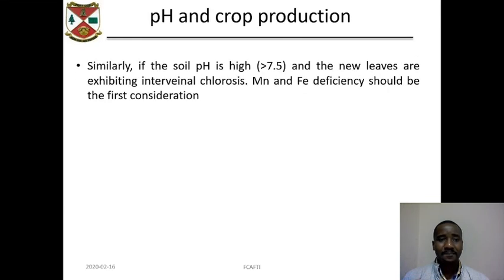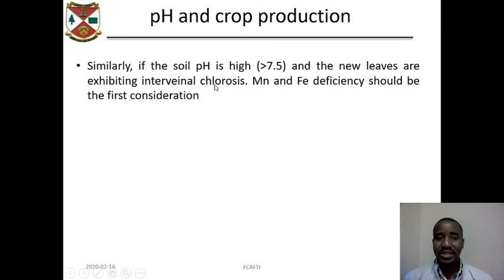Similarly, if the soil pH is high and the new leaves are exhibiting interveinal chlorosis, for example, the leaves of your particular crop, whether it's maize or soy, when you look at the leaves, there are patches, the veins are yellowish in color, right?